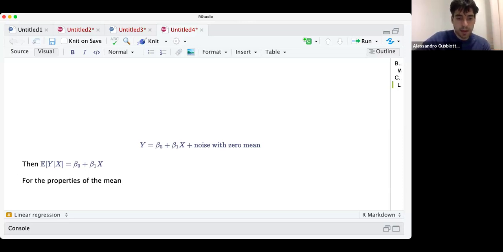So in this sense, it minimizes the squared error. For the properties of the mean of minimizing this quantity here, the expected value of y minus mu, for each x. Let's call it mu of x.